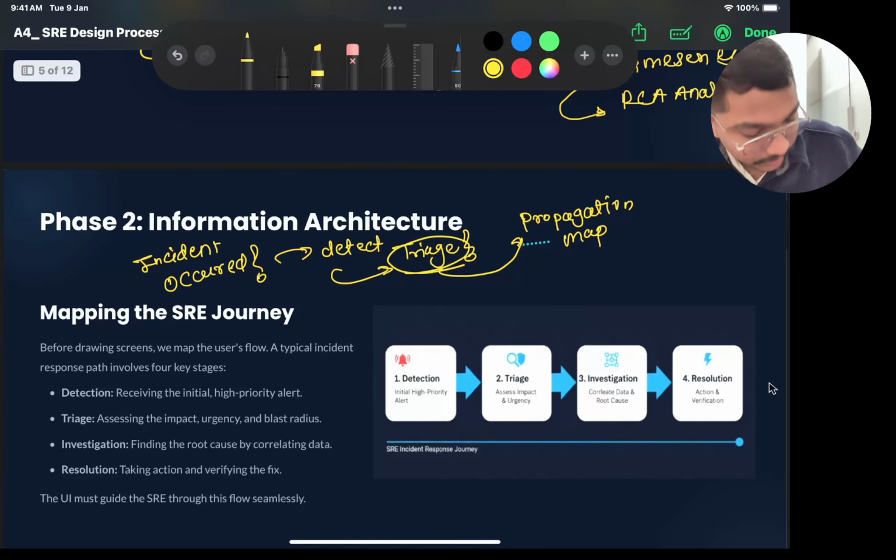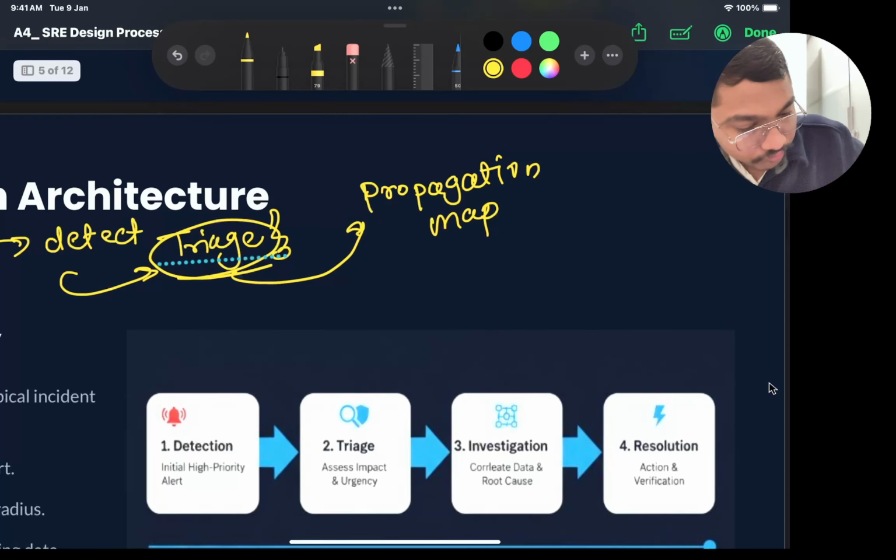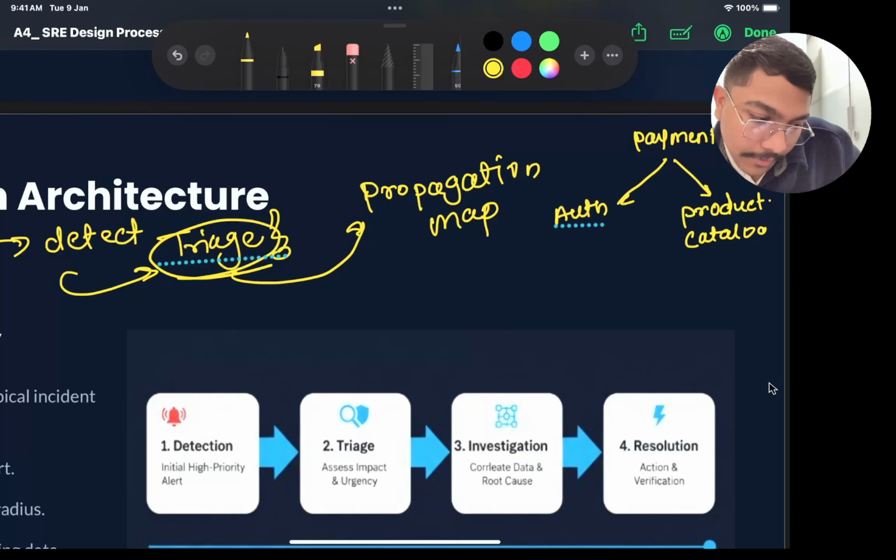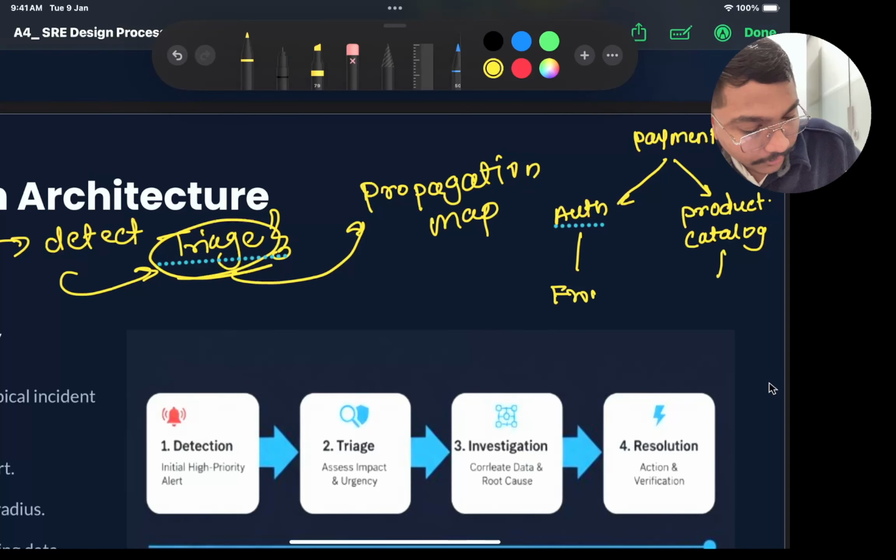Suppose this is my payment service. In the backend it uses the authorization service, auth service, and then it also calls product catalog to identify the prices of products, and this auth and product catalog both call the front end.